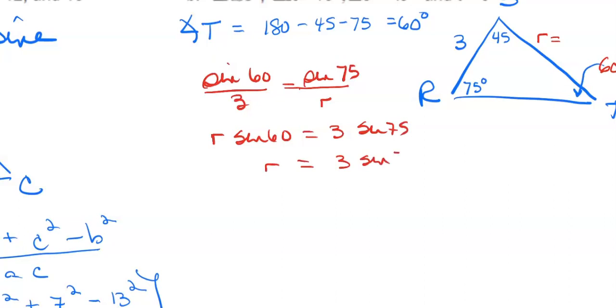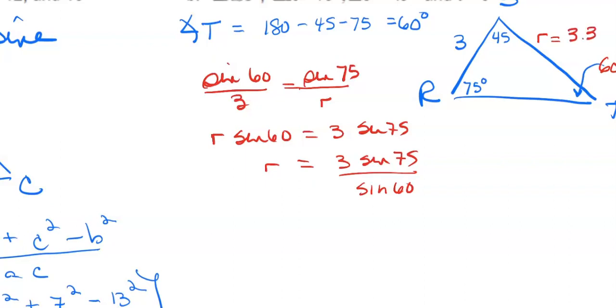Okay, in my calculator, I'm going to put this fraction. So I'm putting one thing in. So I'm going to say alpha y equals, pick the fraction bar, I'm going to say 3 times the sine of 75 divided by the sine of 60. And I'm going to get, for my missing side, 3.3. So I'm getting that little r is 3.3.